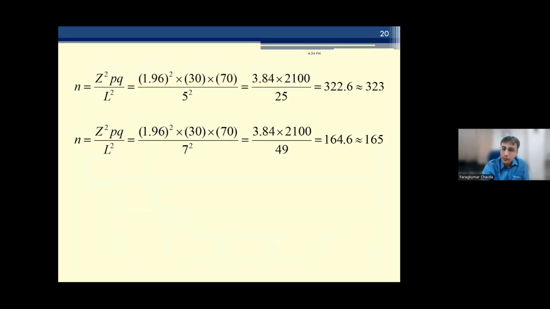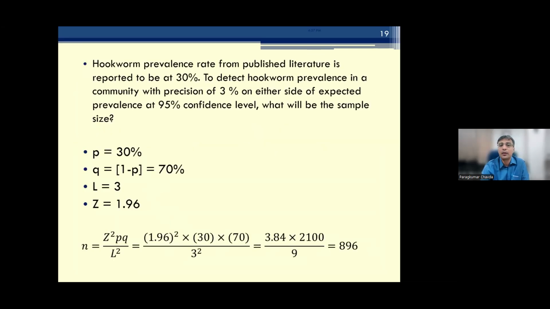What this really means is that if my sample reported the prevalence to be 29% and I had studied 900 subjects, I would report that the actual prevalence would be anywhere between 26% to 32%.